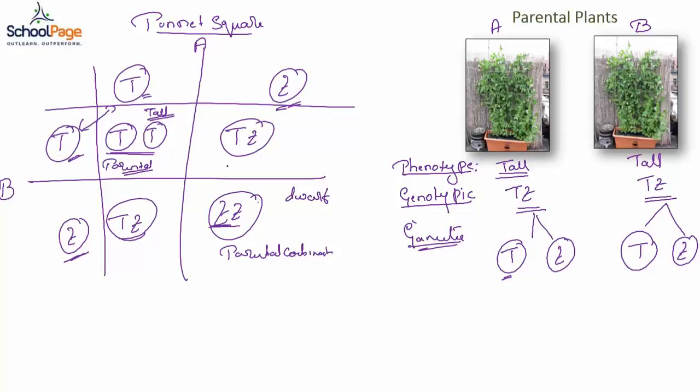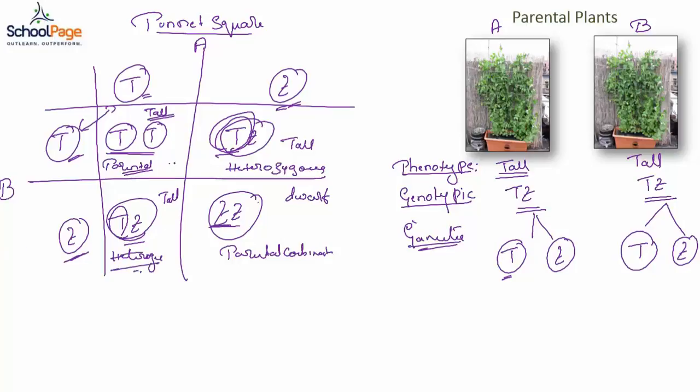Now what about the other two plants, this and this? Because there is a gene for tallness in both these organisms, the plants will be tall. But they are in heterozygous condition. Even here it is heterozygous condition.